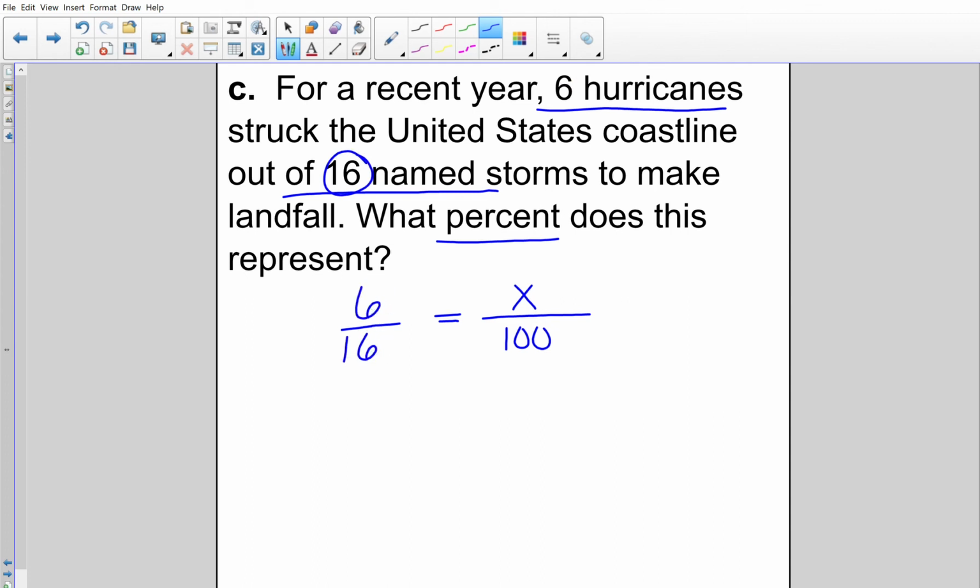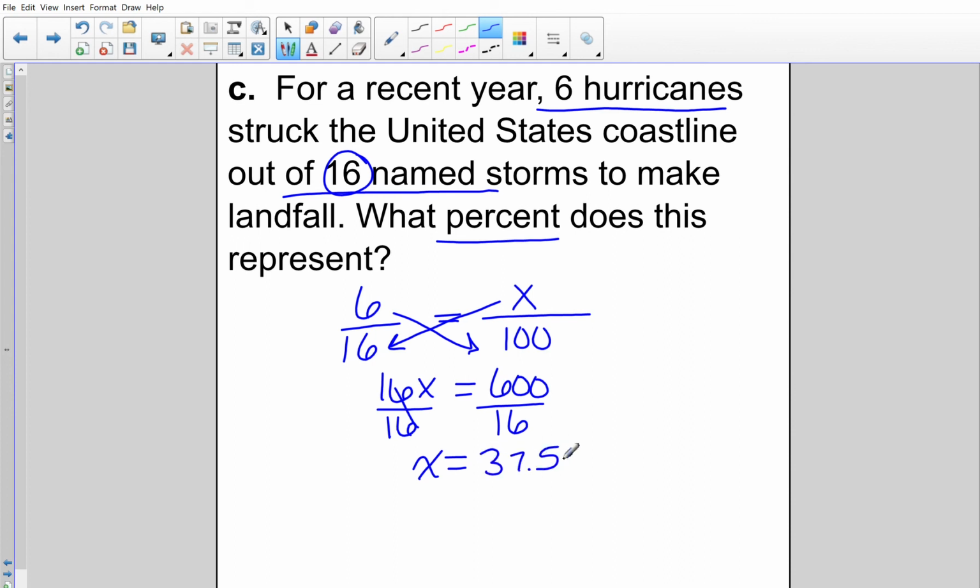So this sets up our proportion. 6 times 100 and x times 16. And then we divide both sides by 16. So x is going to be equal to 37.5%. Okay, so that's the percentage of hurricanes.